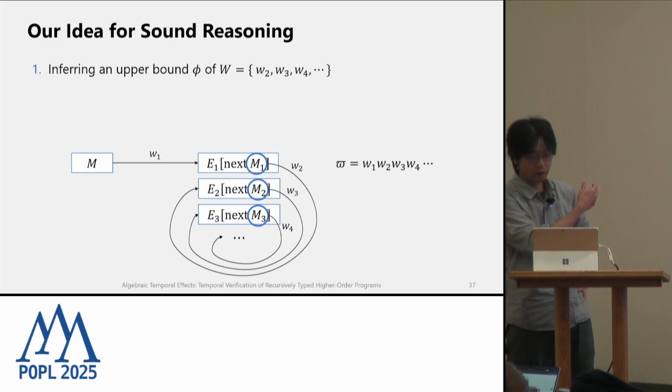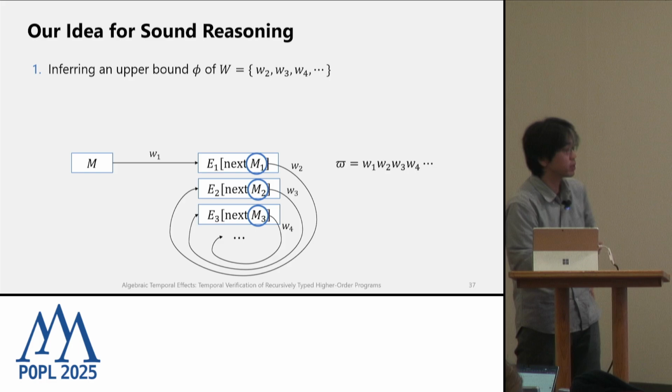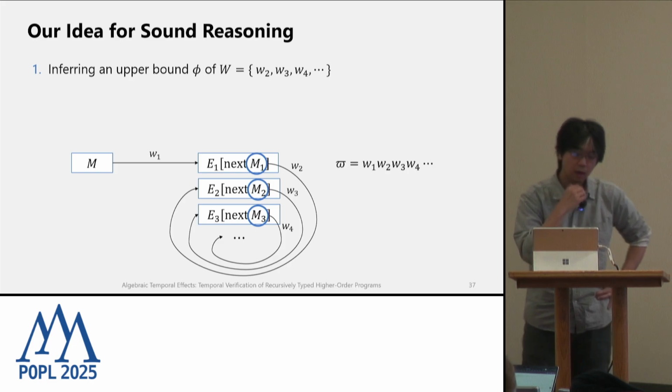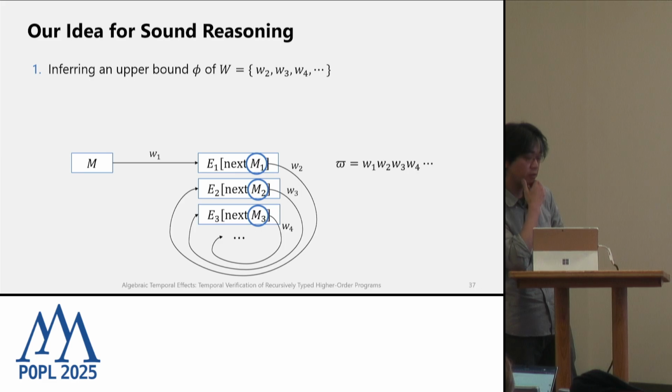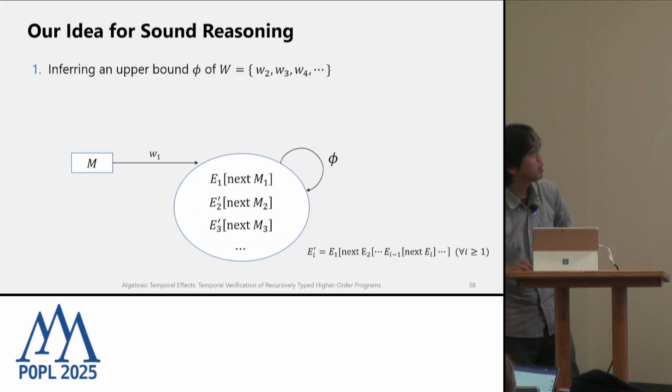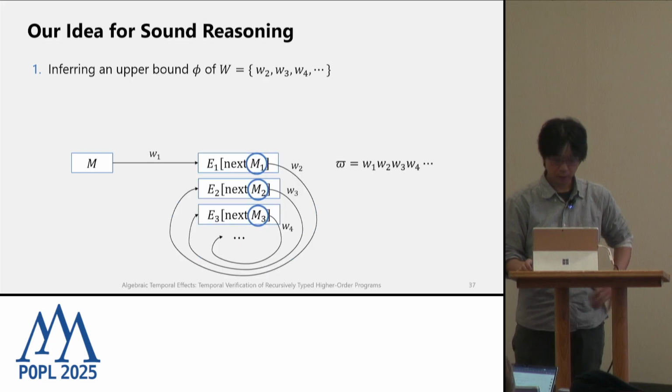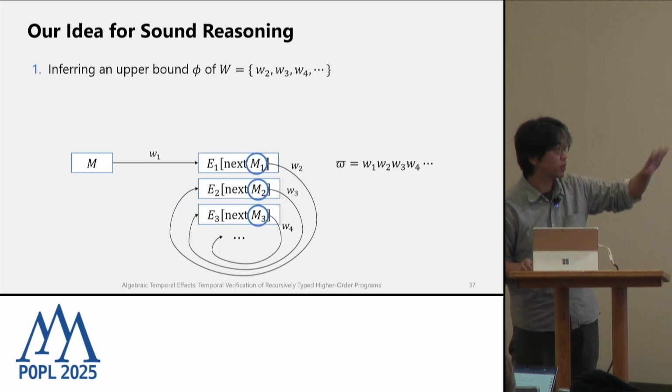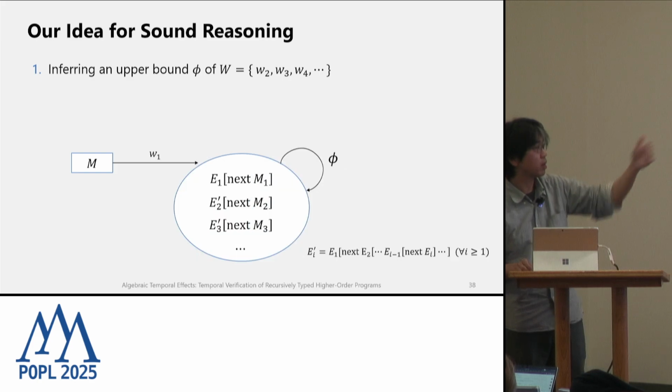Next, I explained how we can utilize this general phenomenon for sound reasoning. First, our idea is that we infer some upper bound phi of the generated finite traces. And then we can view this infinite computation more abstractly, like this one here.